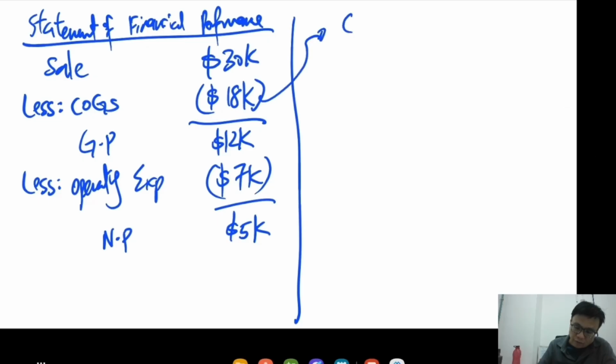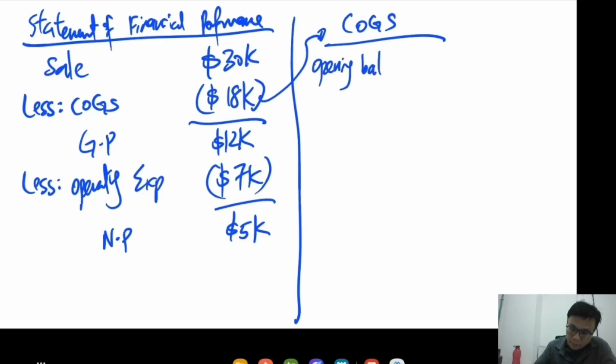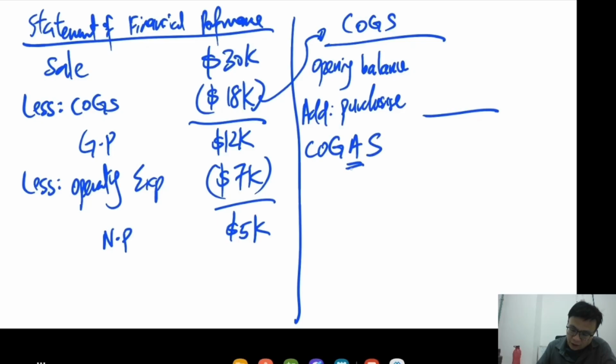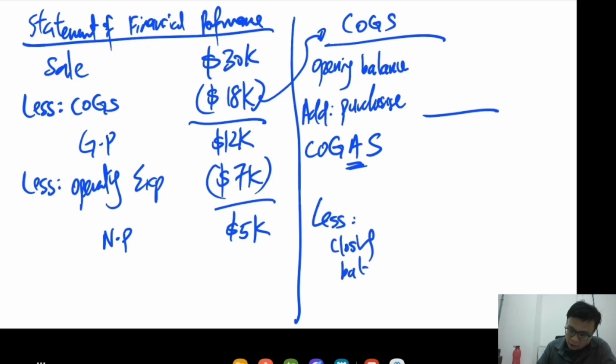So as far as the cost of goods sold is concerned, the formula is: we have the opening balance, we have the additions during the year, whether you purchase or you make. After that, you have your cost of goods available for sale. And then you less your closing balance, your stock, and then you will be able to arrive at 18K.